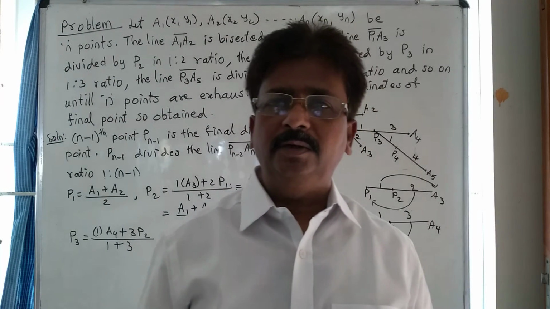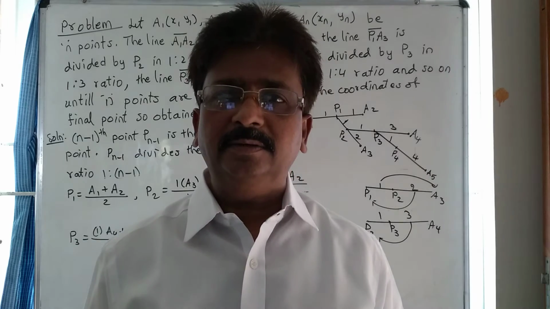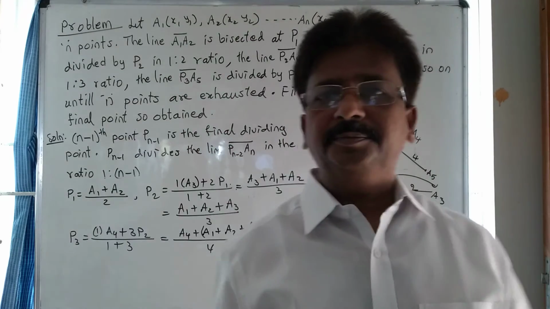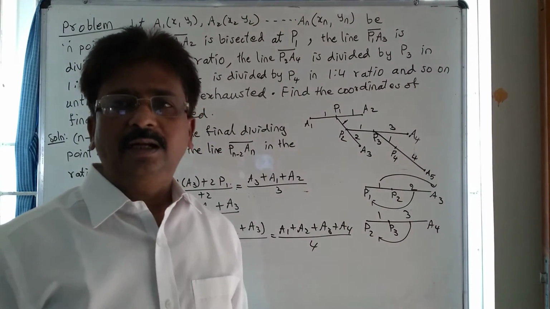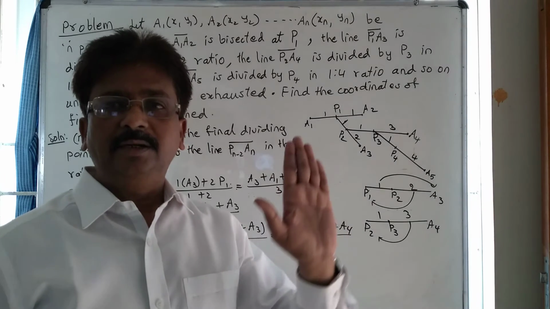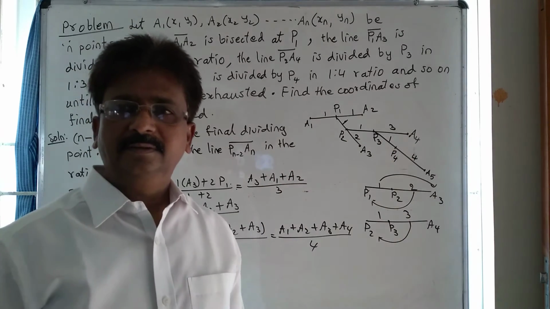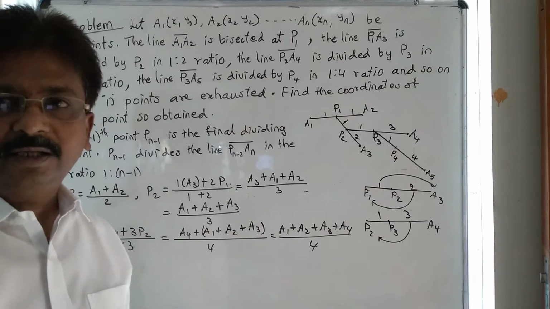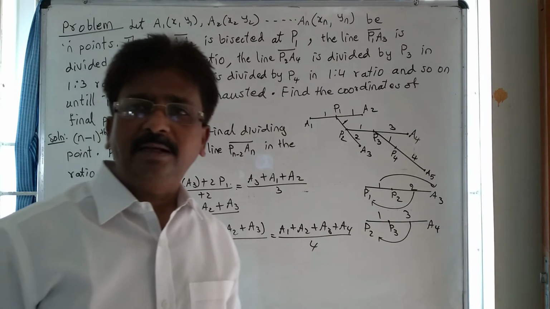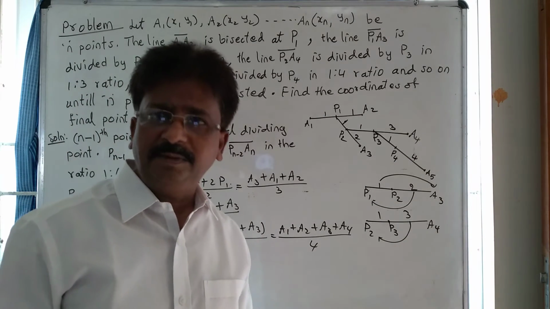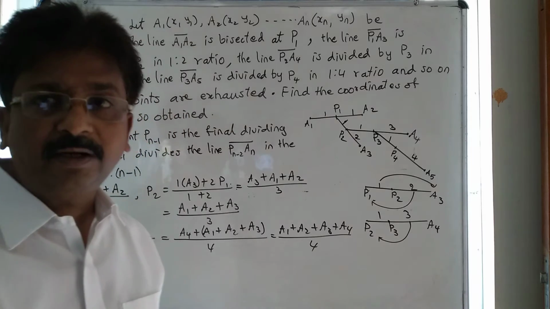Now have you caught the logic here, the sequence or logic? I mean the left side suffix and the right side final suffix. So I caught the logic here. I can write now Pn minus 1. By what logic?